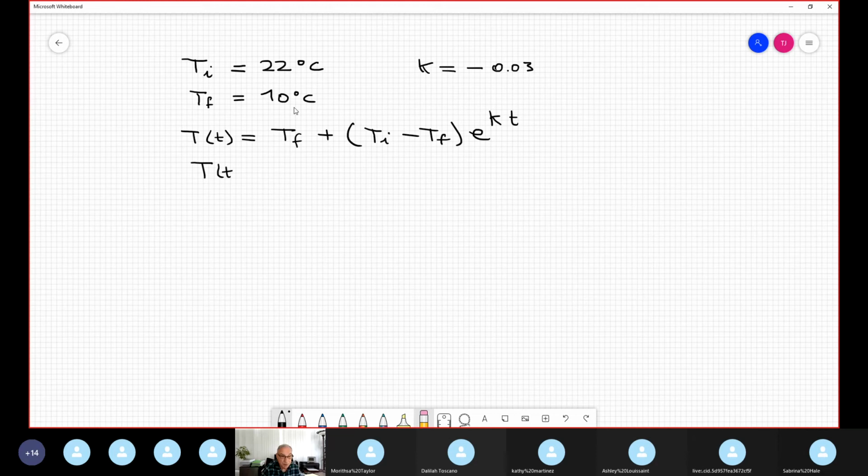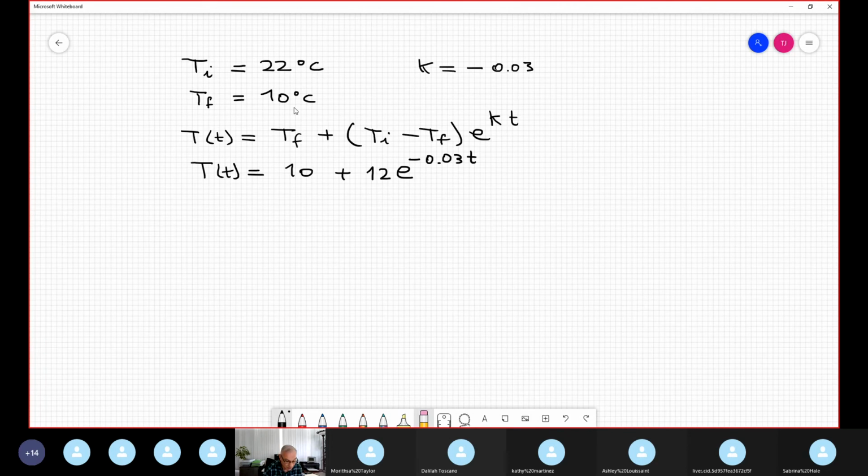Temperature at any time, and now I write the specific. This is the general formula. The specific for our problem is 10 plus, and you subtract initial minus final, 22 minus 10 is 12, e to the minus 0.03 T. And this is my specific formula.